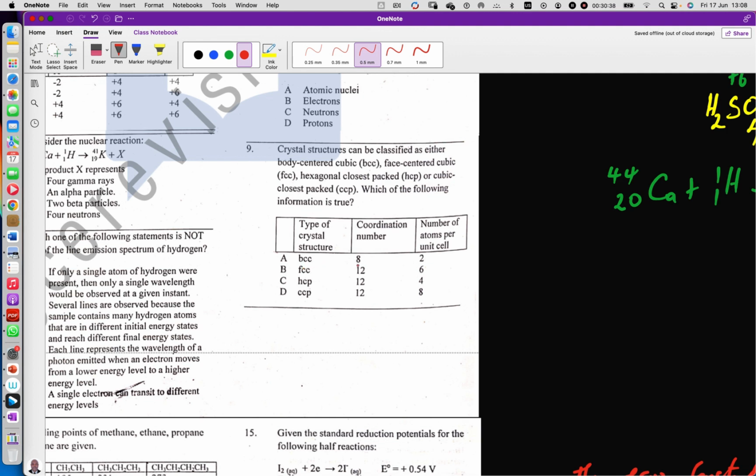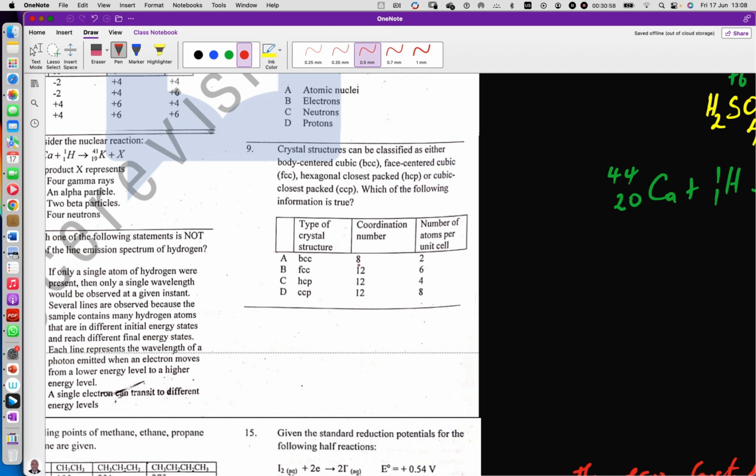there in a body-centered. There are 8 corners there, and in one of them you have 1/8 of it times the 8 corners.